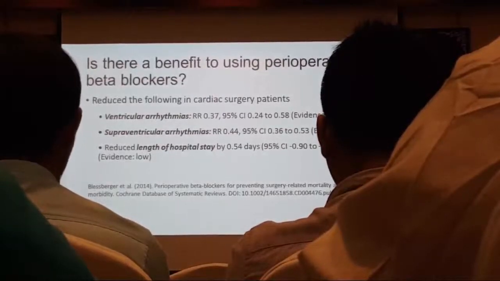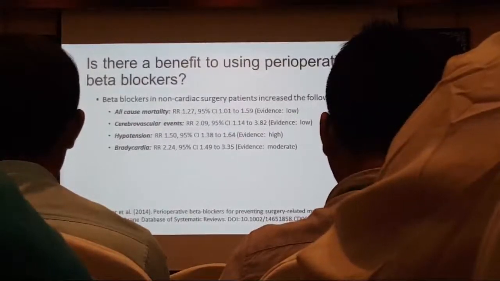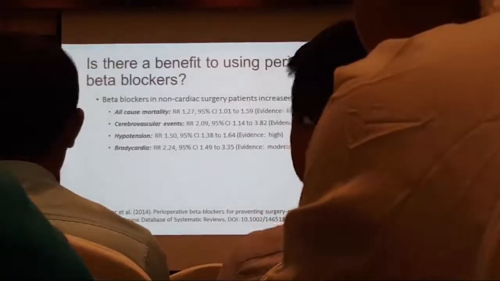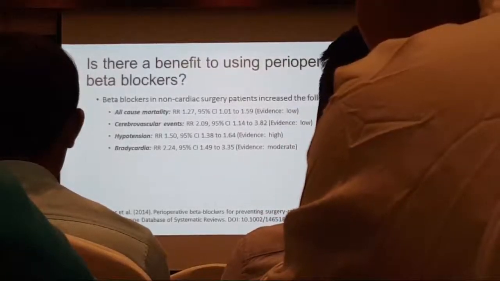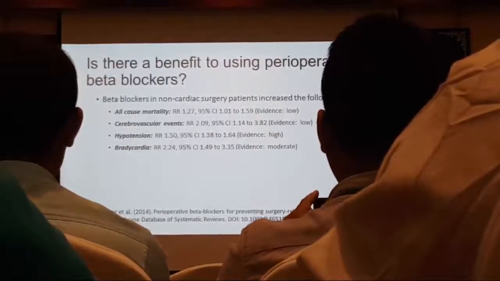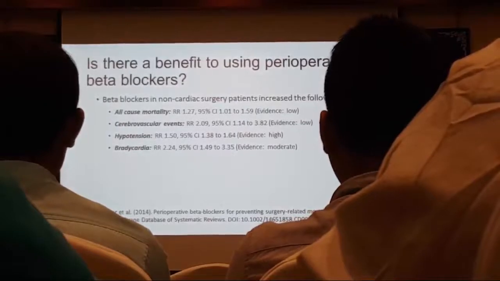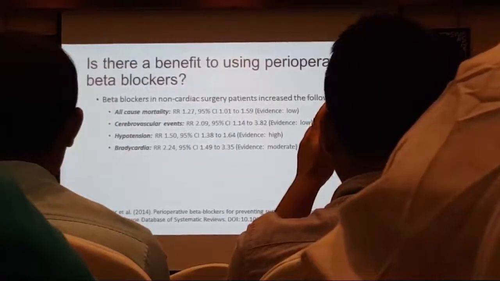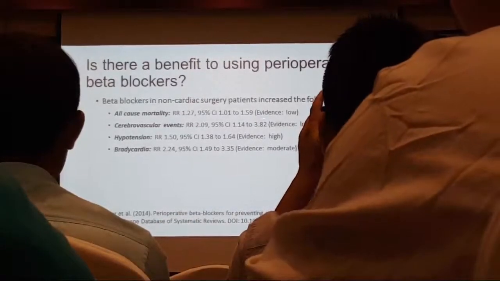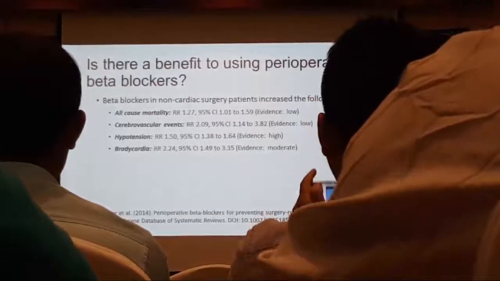The group of patients that we worry about is those where we decide to start beta blockers during the perioperative time period. With those patients, in non-cardiac surgery, beta blockers caused an increase in mortality. It's significant, but just barely significant, and the evidence is low, but it suggests an increase in mortality.